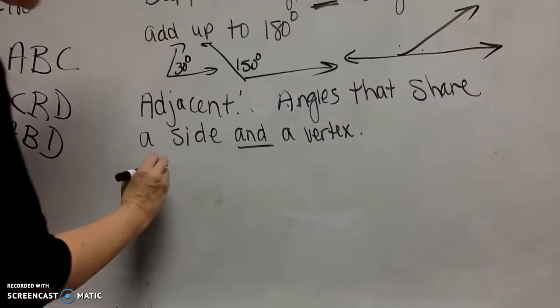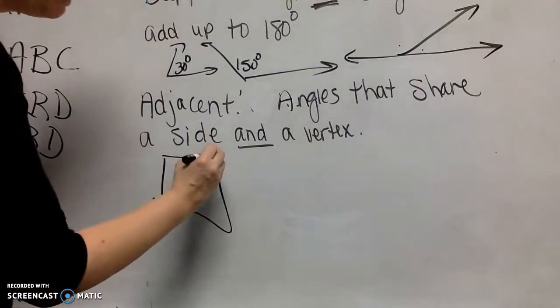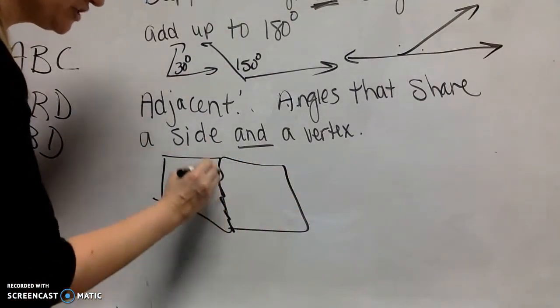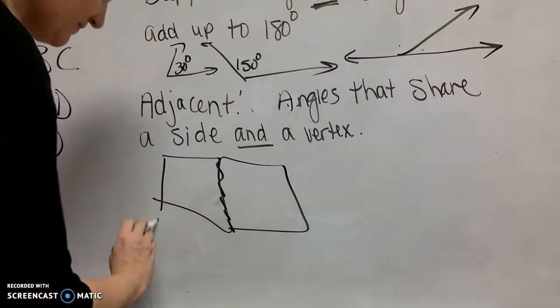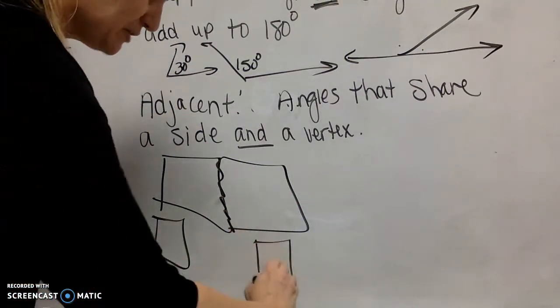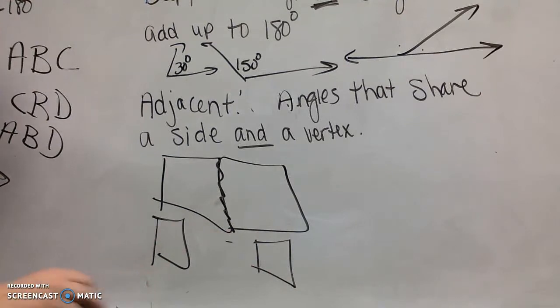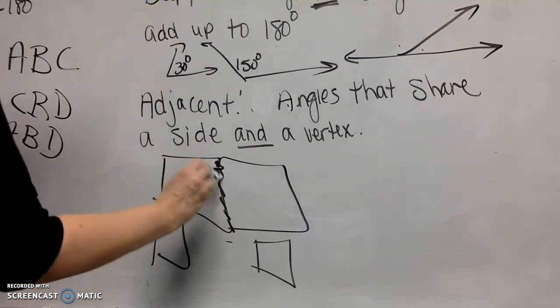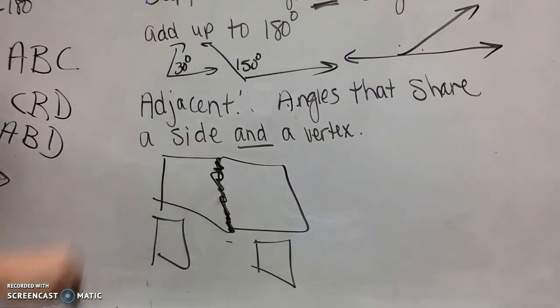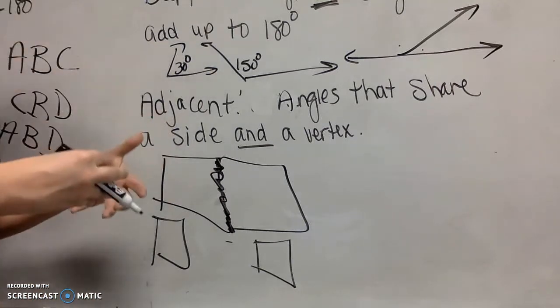If I'm in an apartment, and this is my apartment, my neighbor and I, we share this wall. Versus if I live in a house and my neighbor's house is over here, we don't share a wall, there's a lawn between us. So think of adjacent angles like an apartment building where you share that wall.